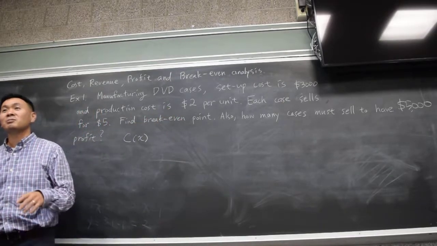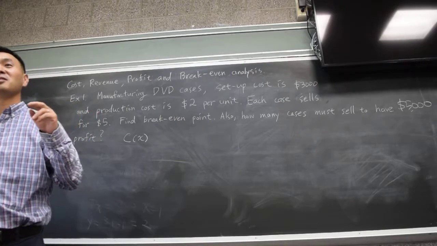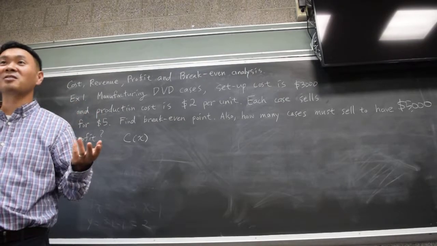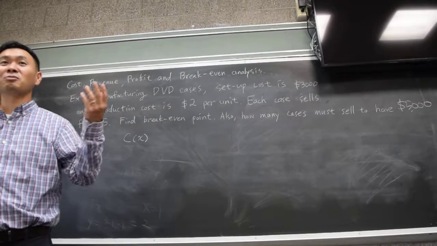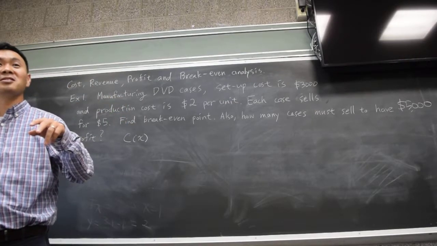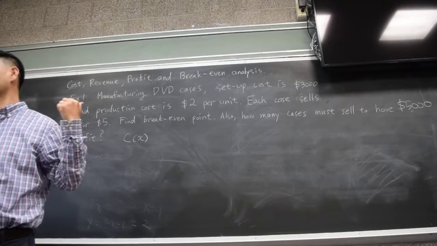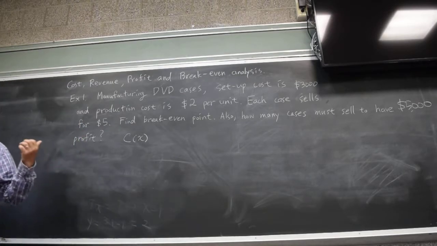How about making two? 3,004, right? Because you need $4 to make the two cases, and you have $3,000 setup cost. So you kind of see what the formula should be, right? It should be 2x plus 3,000.